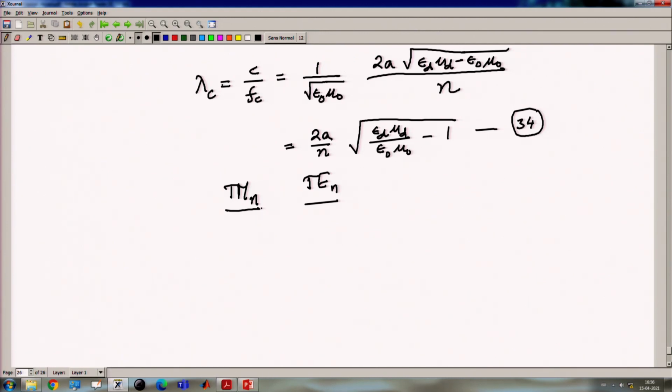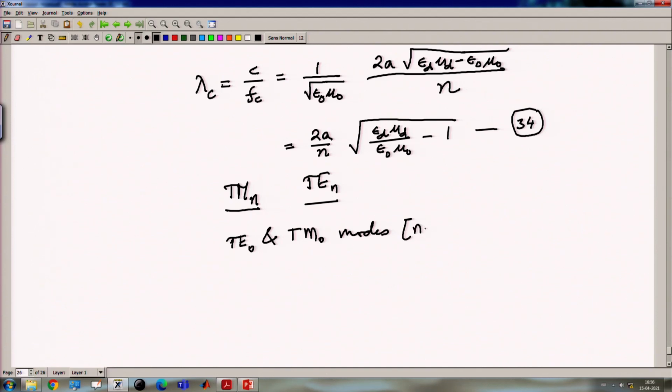Okay. So, we should also note the cutoff frequency corresponding to the TE 0 and the TM 0 modes.